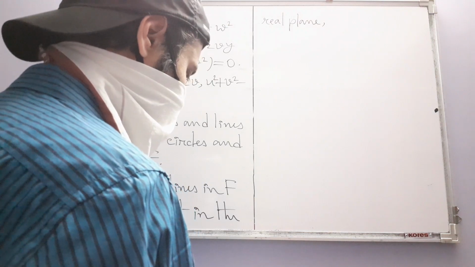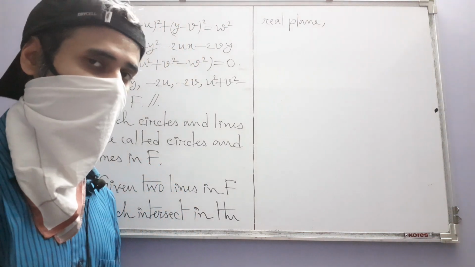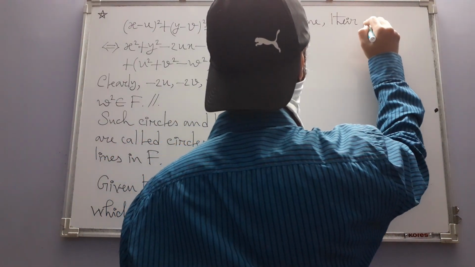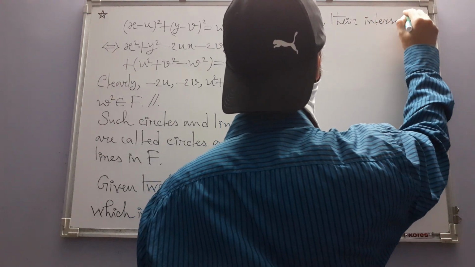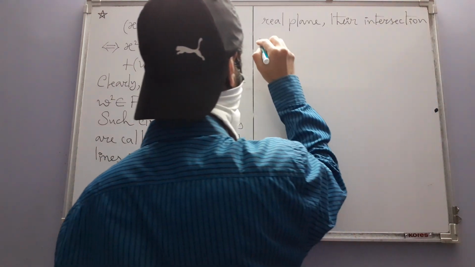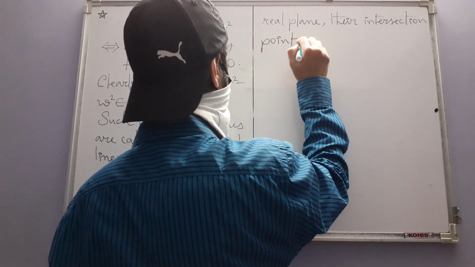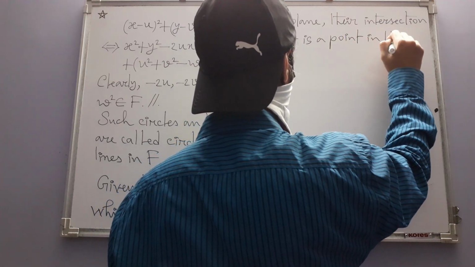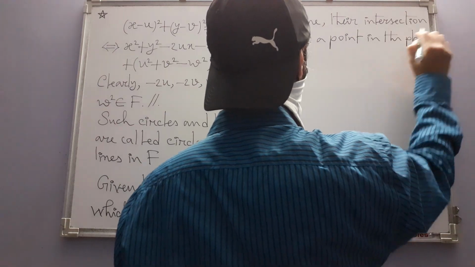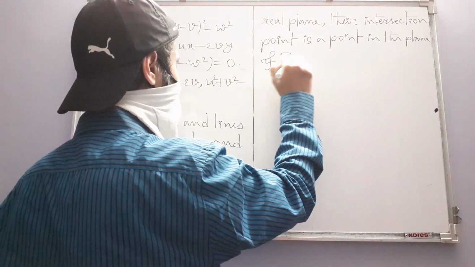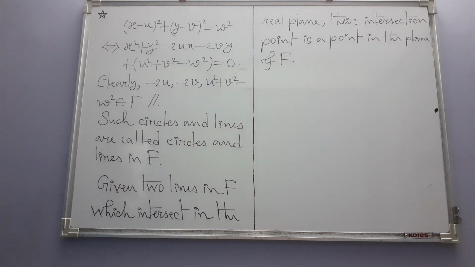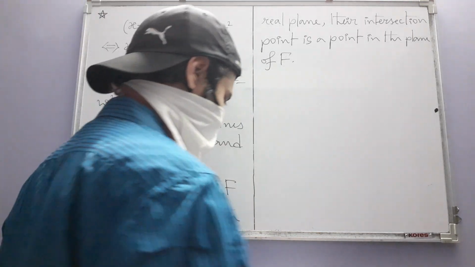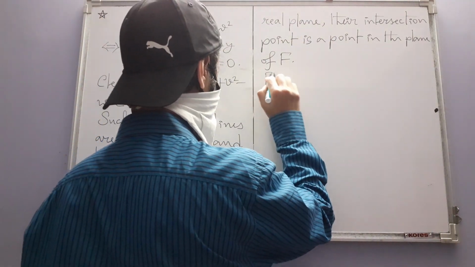Their intersection point is actually a point in the plane of F. It seems like that should happen, and this is actually what happens. And this is one exercise. This is exercise 4.